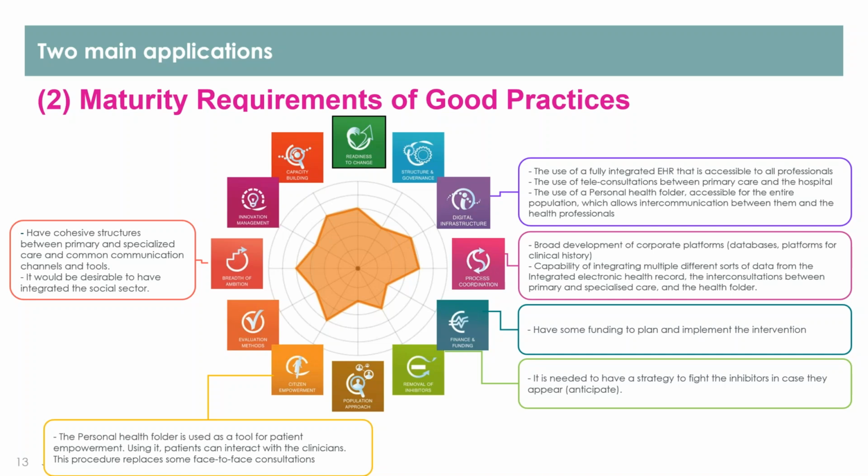For example, you can have in your system the stratification approach fully implemented for the whole population in the population approach dimension, but you may only need in your practice to have the risk stratification approach implemented for specific groups such as multimorbid patients. So you should score the dimension according to this degree of development required by your practice. Here you have some examples on the maturity requirements included in a previous exercise.